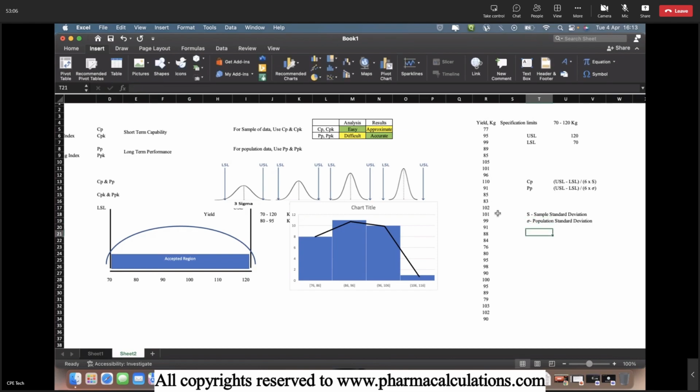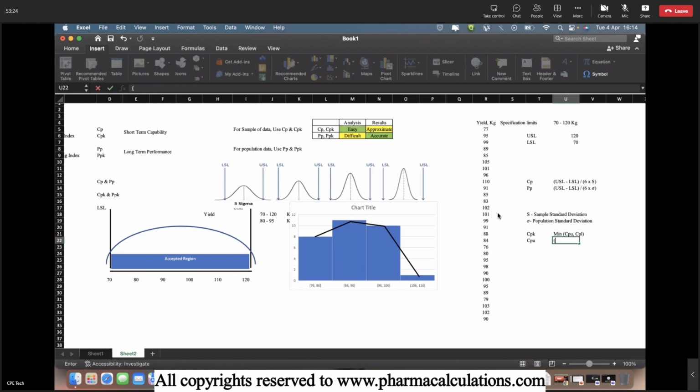Now let's see the formulas for CPK and PPK. CPK is the minimum value of CPU and CPL. What do CPU and CPL mean?